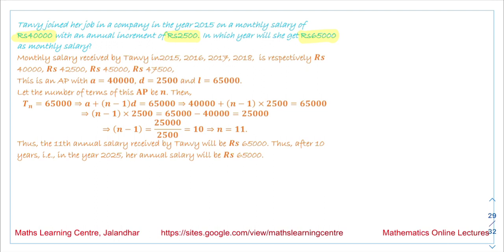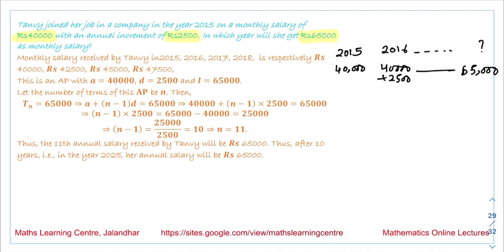So we are saying in the year 2015 she has joined the company at the salary of 40,000. In 2016 her salary will be 40,000 plus 2500. We have to find in which year the salary will become 65,000. That is after how many terms the sequence will have the value 65,000.